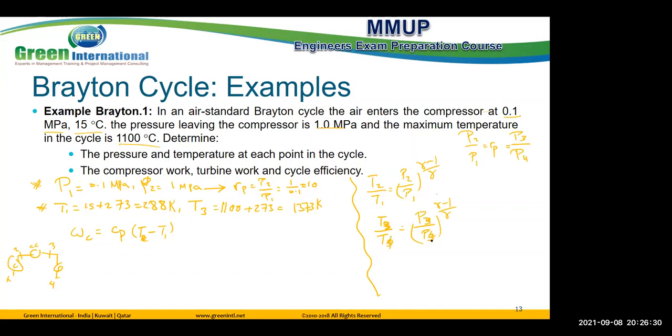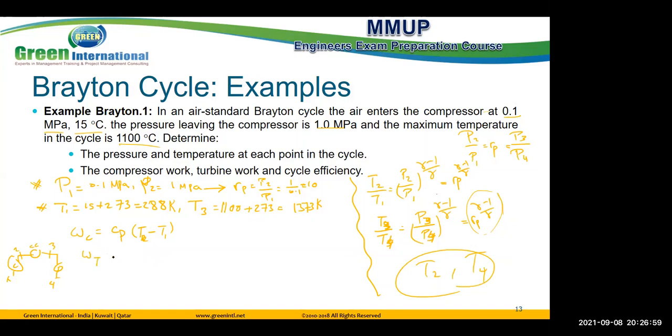So I can write it RB to the power gamma minus 1 over gamma. Once you calculate one element here, multiply by T1 to get T2. And here, just divide T3 by this value to get T4. Once you get T2 and T4, you can calculate anything.